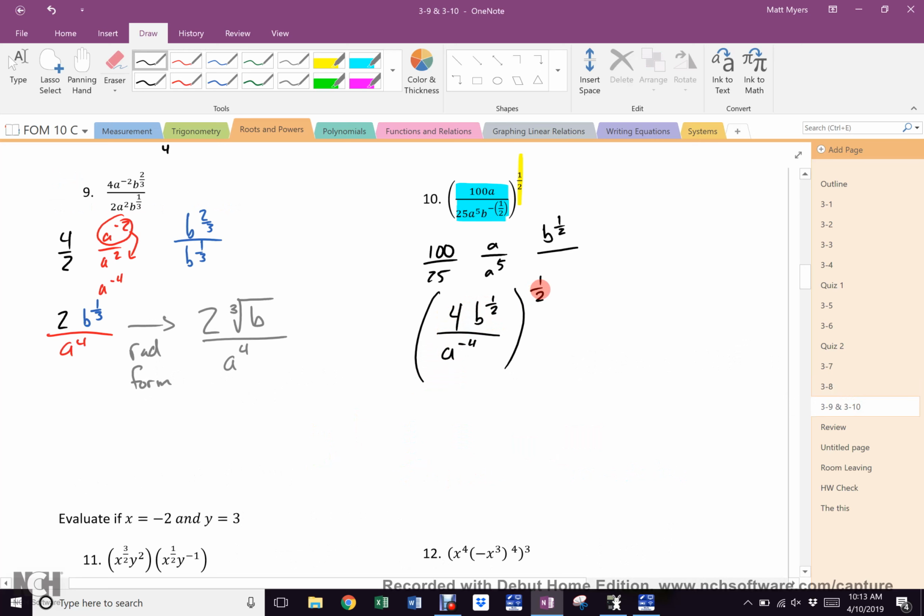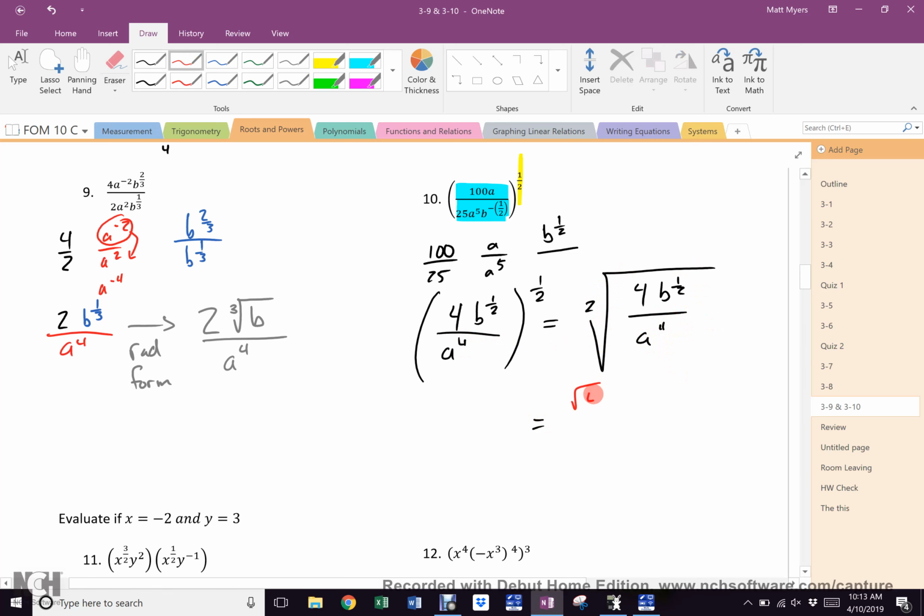Is this a fraction exponent? Okay, so where should the denominator go? Index. What does the radicand become? 4 B to the 1/2 over A to the... no, not negative 4 because it's down there. It's positive 4. Right? Everyone agree?